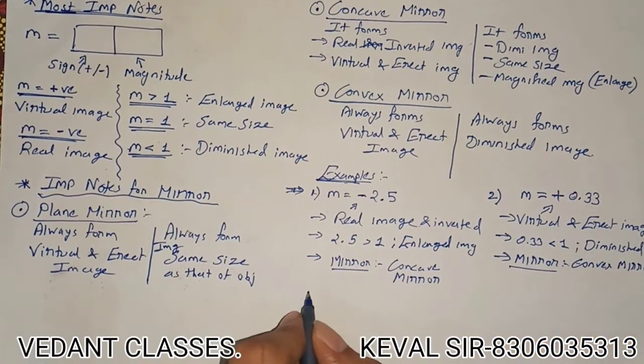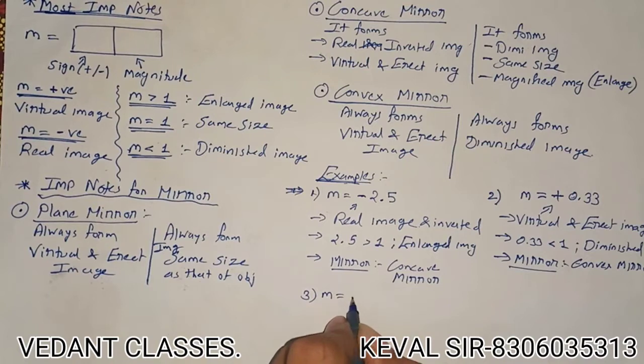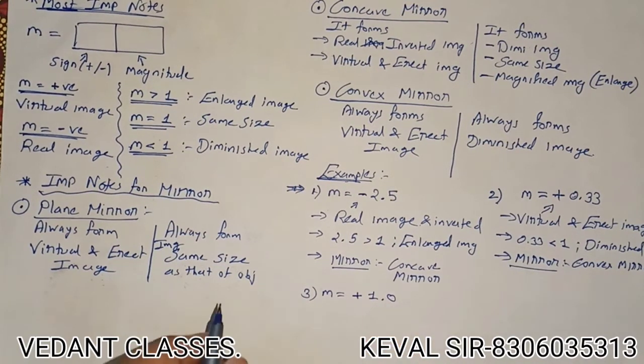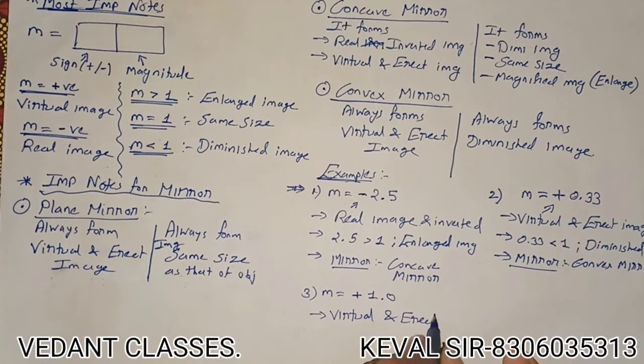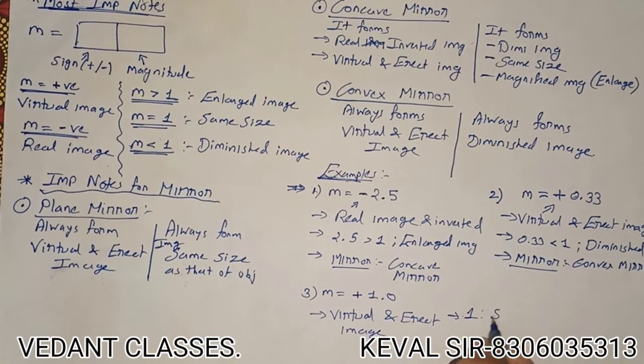Let's consider one more example. m is equal to plus 1.0. This is the value of magnification. So here plus shows it is virtual and erect image. Then here it is 1, so same size image.